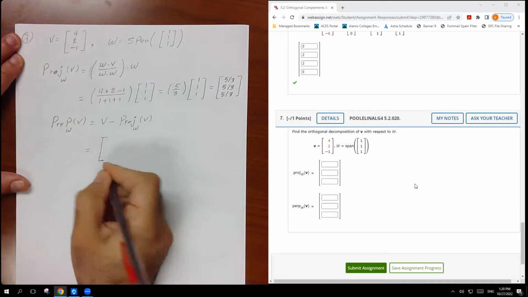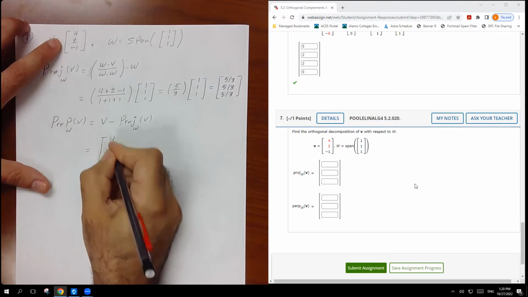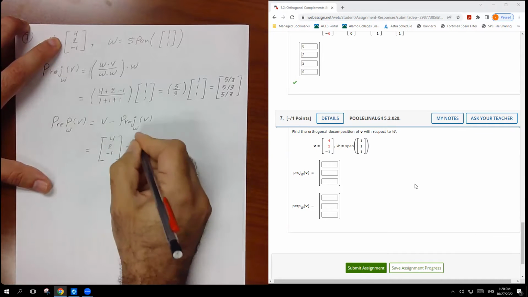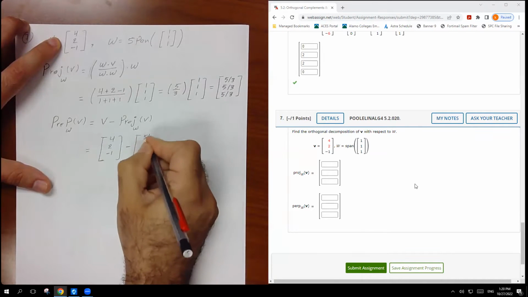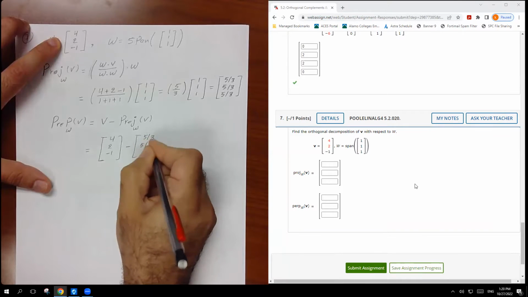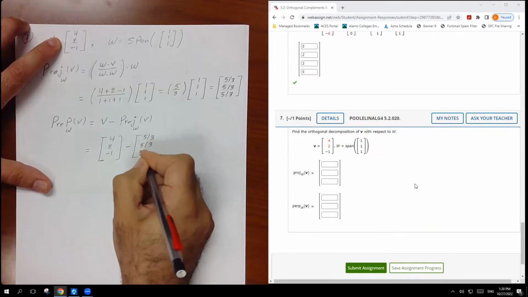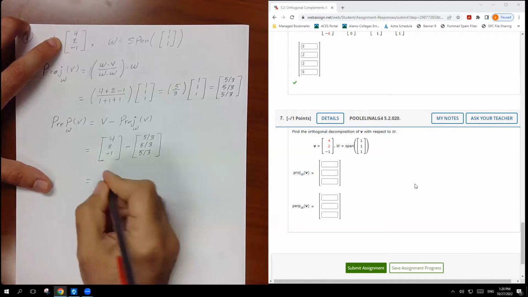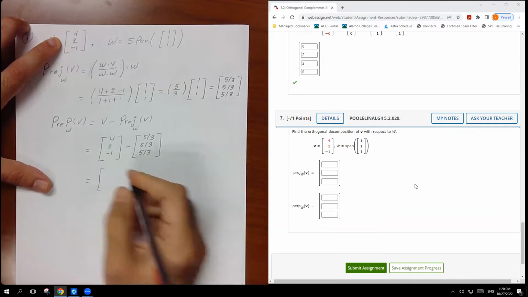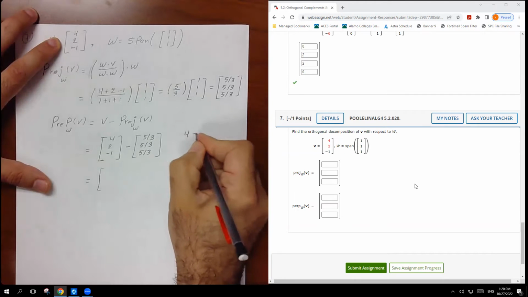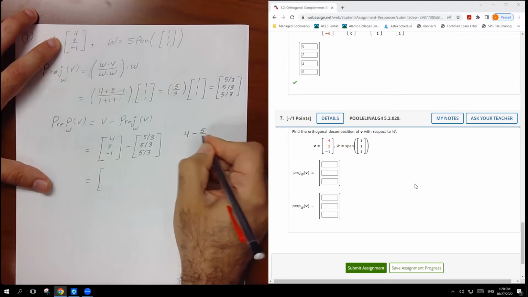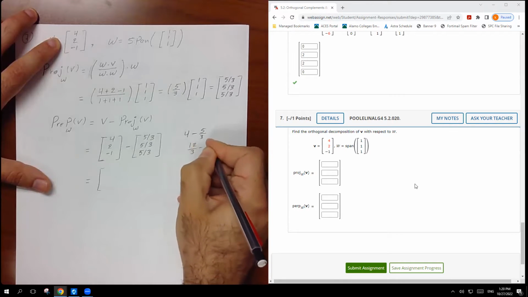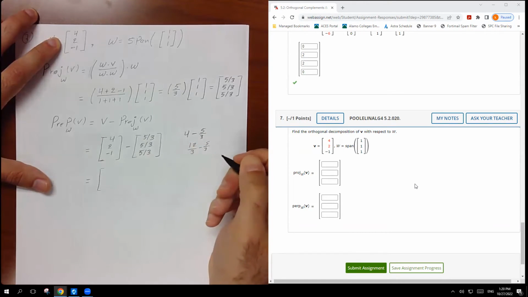The vector V is 4, 2, negative 1, minus 5 over 3, 5 over 3, 5 over 3. 4 minus 5 over 3 means 12 over 3 minus 5 over 3, so it's going to be 7 over 3.